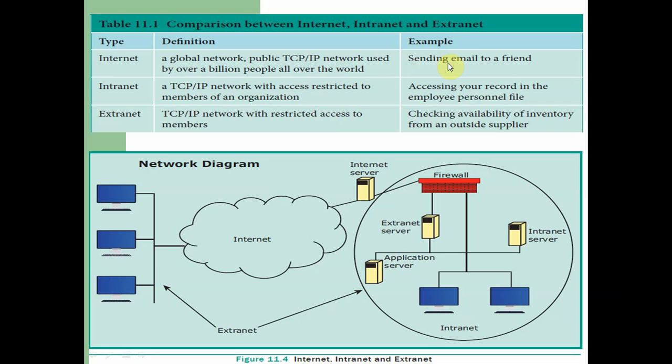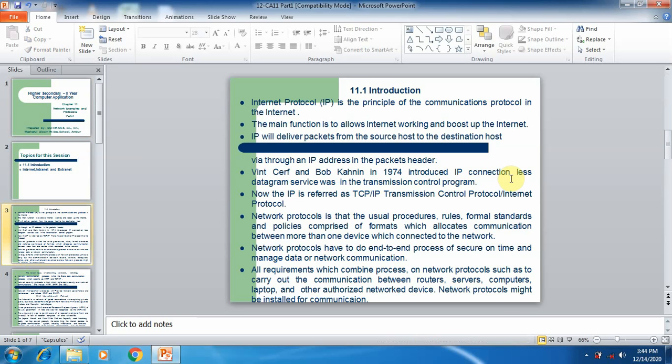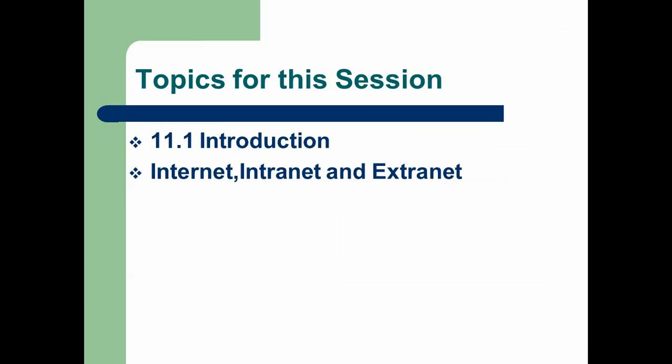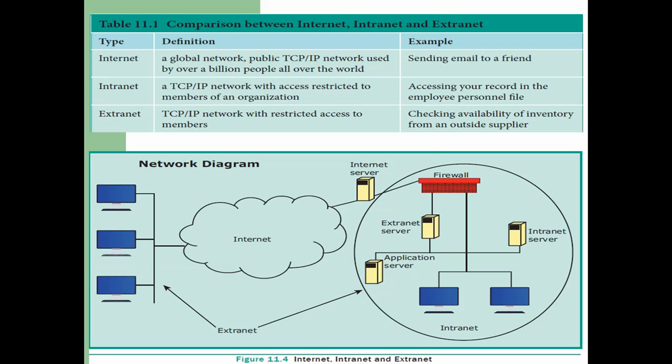For examples, sending email is an example for internet. Accessing your record in the employee's personnel system is an example for intranet. Checking availability of inventory from an outside supplier is an example of extranet. So in this single diagram you can see three types of networks being accessed.